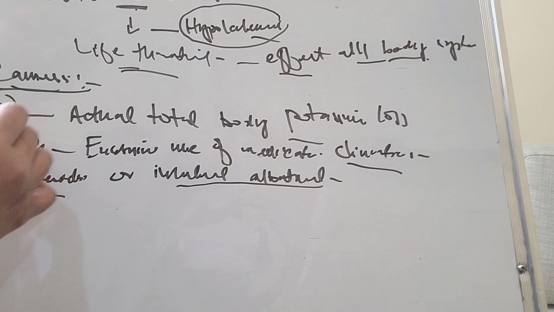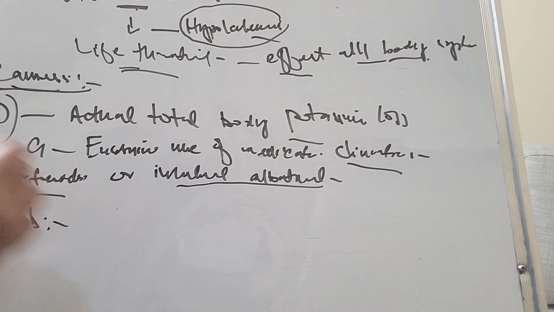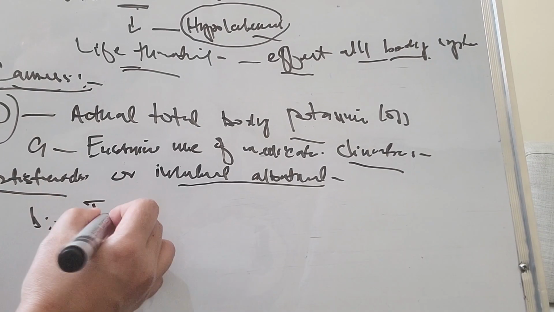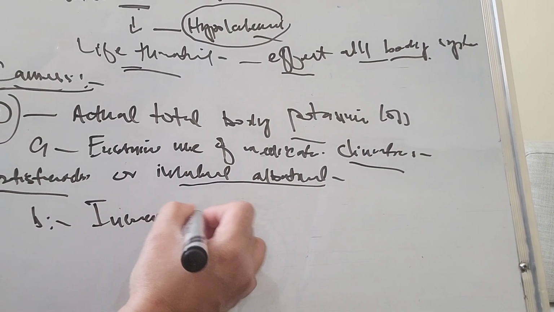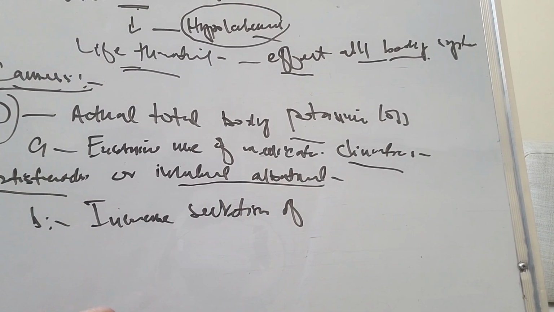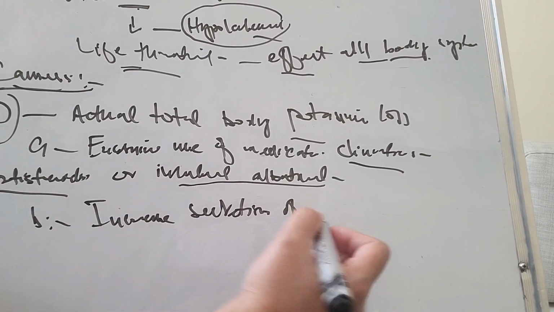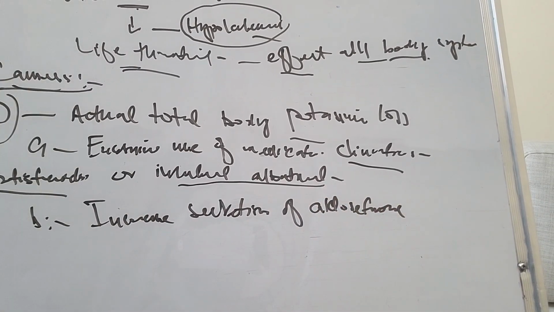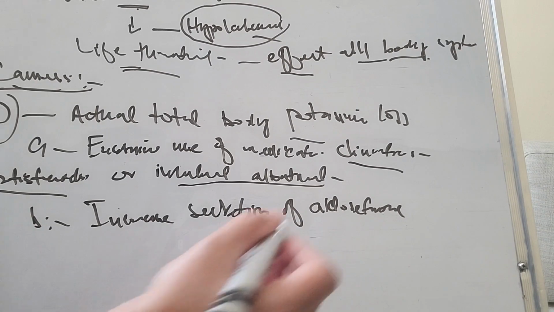Number B in this section is increased secretion of aldosterone, such as in Cushing syndrome.